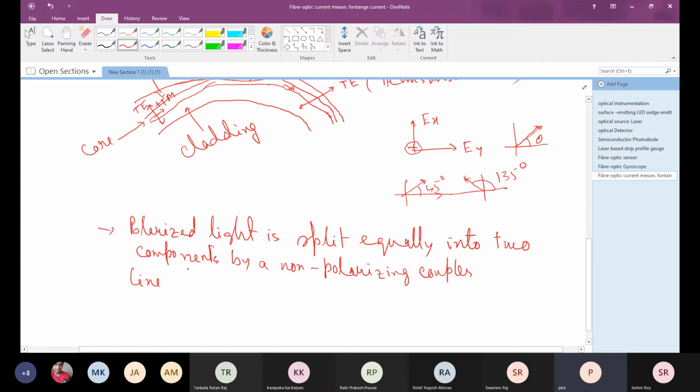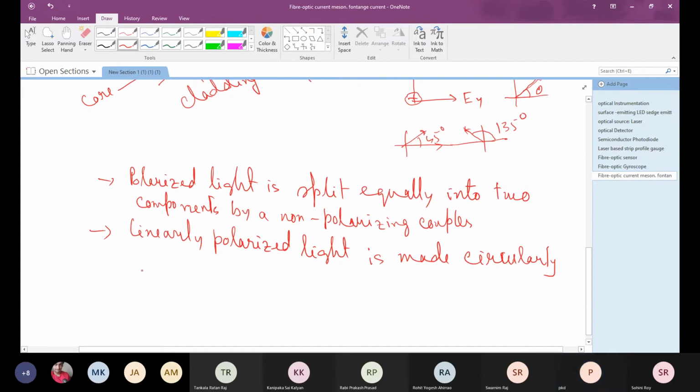Now this linearly polarized light is made circularly polarized using a quarter wave plate, or lambda by 4 plate.